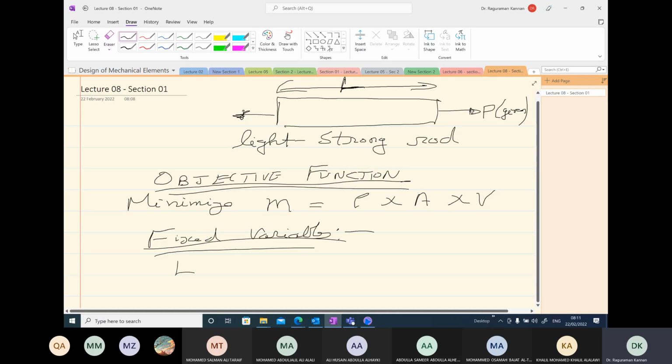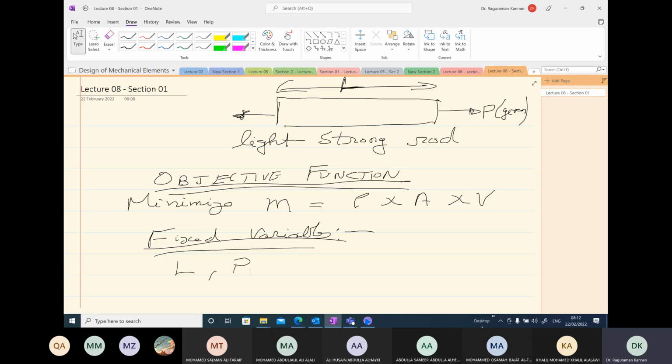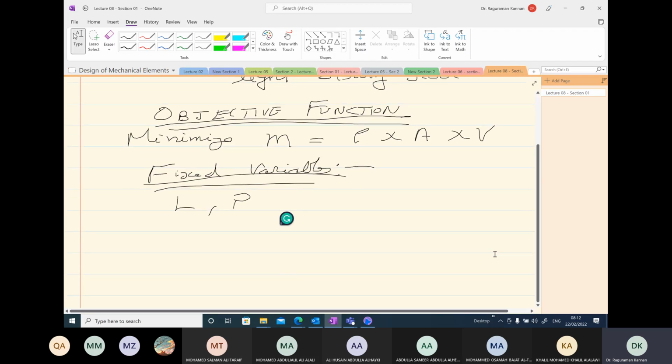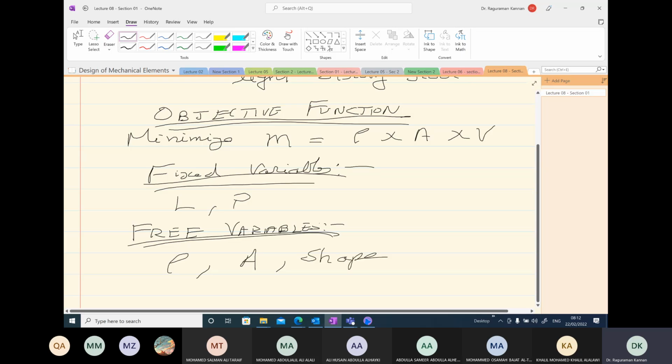The fixed variables are L and P. What could be the free variables? Density, yes, then area of cross section, and the shape of the cross section. These are free variables.